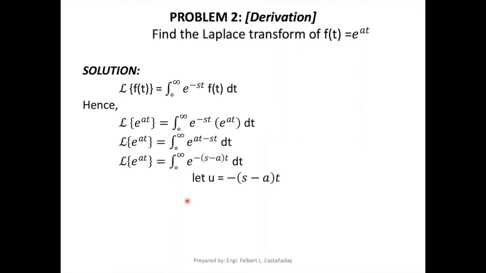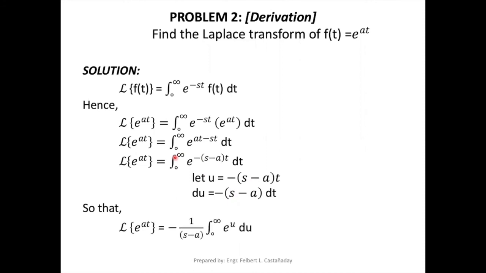So the same idea in solving for exponential functions. We'll let u equal to negative times the quantity s minus a times t, and then differentiate this u. We have du equal to negative times the quantity s minus a times dt. Now you plug in here, we now have negative 1 over s minus a times the integral of e raised to u du with limits from 0 to infinity.